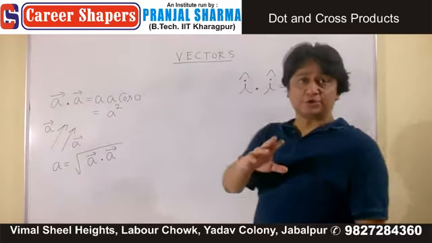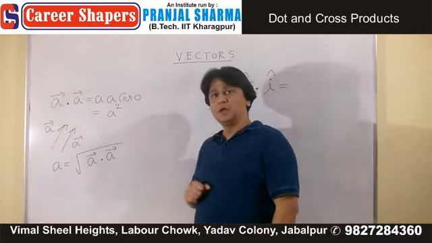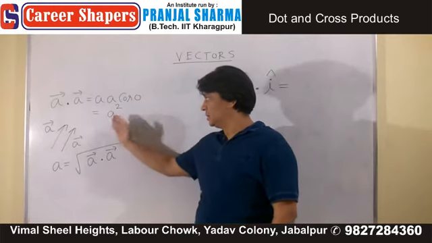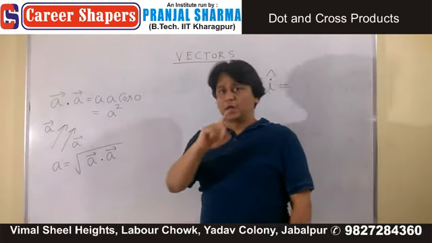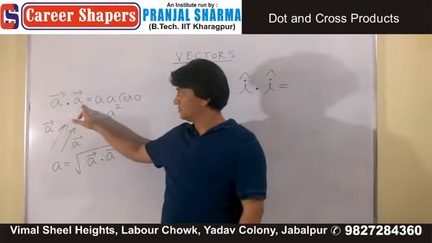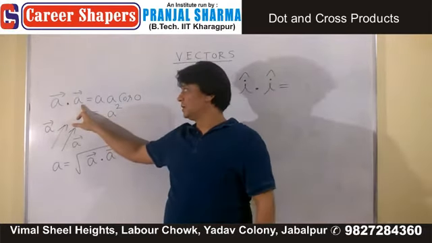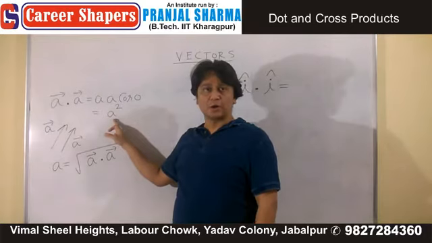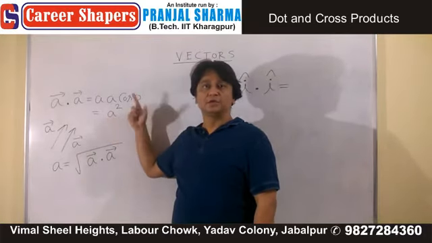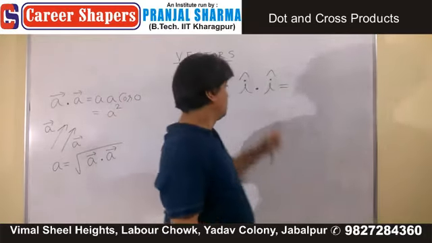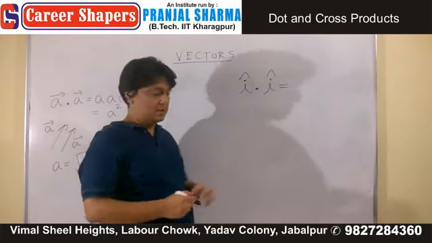There are two ways to answer this. First, if they give you two same vectors, then their dot product is what? Magnitude square. What do you mean by i cap?